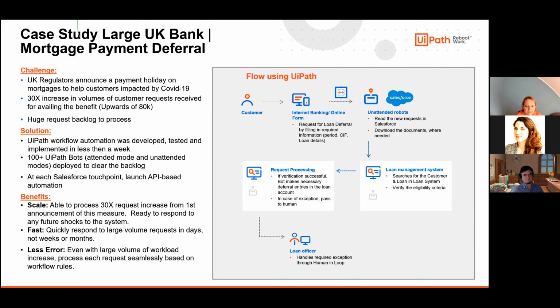In this case of exception, this will be done through human in the loop. So there will be a hybrid process, both involving a person and our robot. And then in the end of this process, the bot updates the status in Salesforce and sends out a notification to the customer that his request was successful, and hopefully making that customer happy.